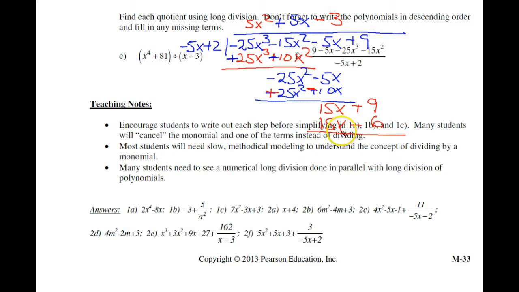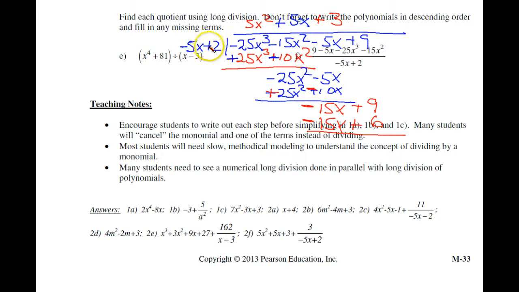I'm going to check this out carefully. Okay, I was forgetting my negative sign here. So negative 5 goes into there a positive 3 times. So negative 5 times a positive 3 is a negative 15x. Ah, that's good now.